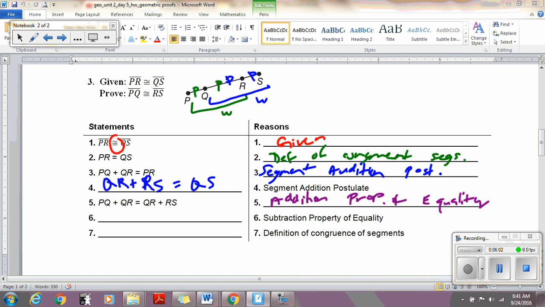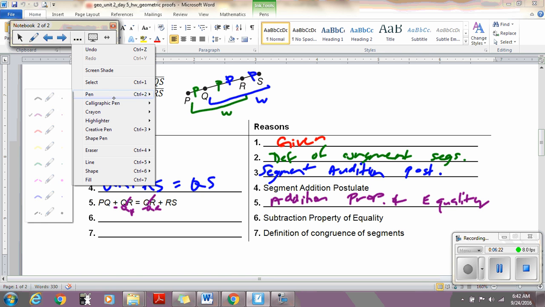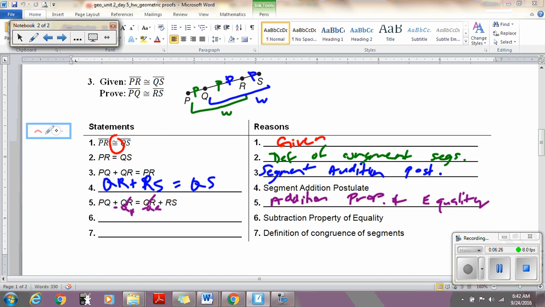Now, if I were to take statement 5 and subtract QR from both sides, because they said that the next reason has to be subtraction, then it would cancel out on both sides, which means I would be left with only PQ equals RS.